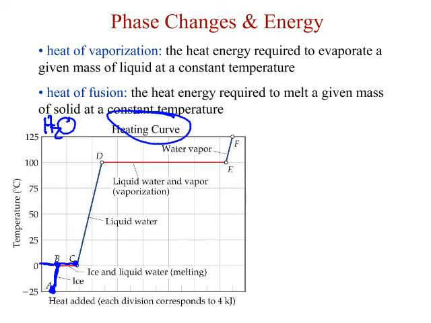Then we get to point C, and from C to D the temperature is changing, and then from D to E the temperature stays constant as the water vaporizes, etc.